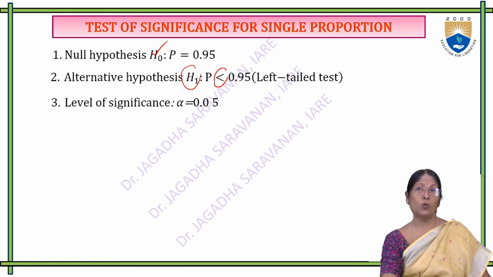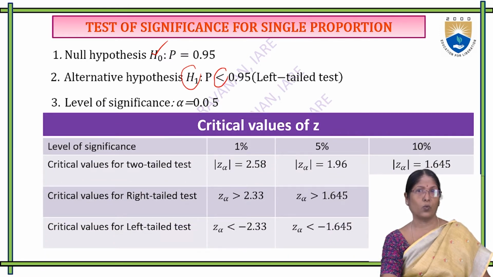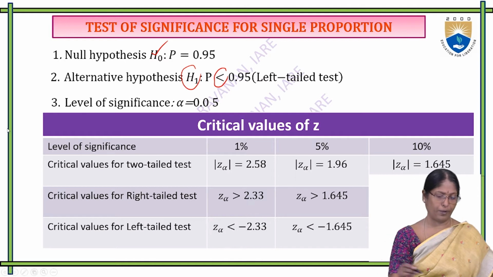Now for 0.05 in the left tail, what is the tabulated value? At the start of this video lecture we discussed the critical value of Z slide. This is the one from which we have to pick, for P less than 0.95.